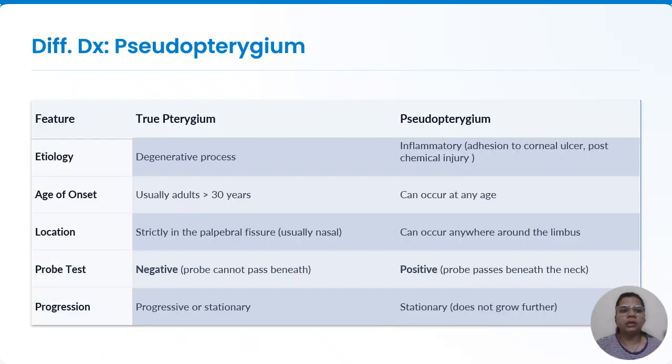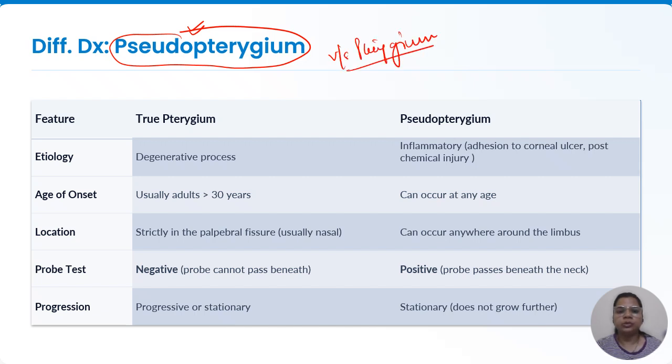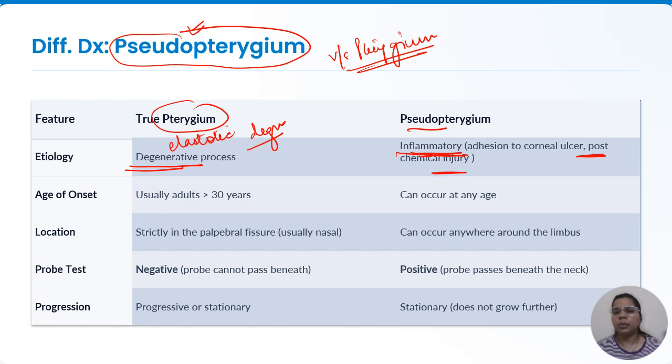There is another term, pseudo-pterygium, which has to be differentiated from pterygium. So what is a true pterygium? True pterygium is basically a degenerative process. As we have seen, it is a type of elastotic degeneration, whereas pseudo-pterygium is an inflammatory process, basically post any trauma due to chemicals.